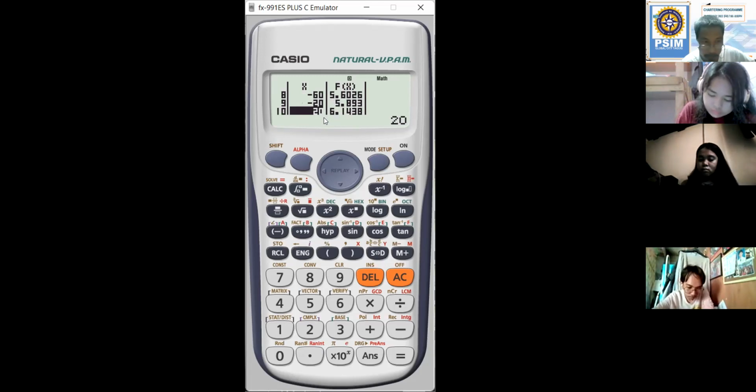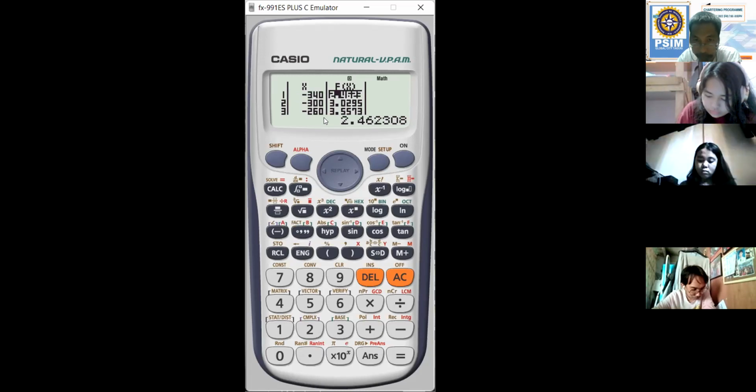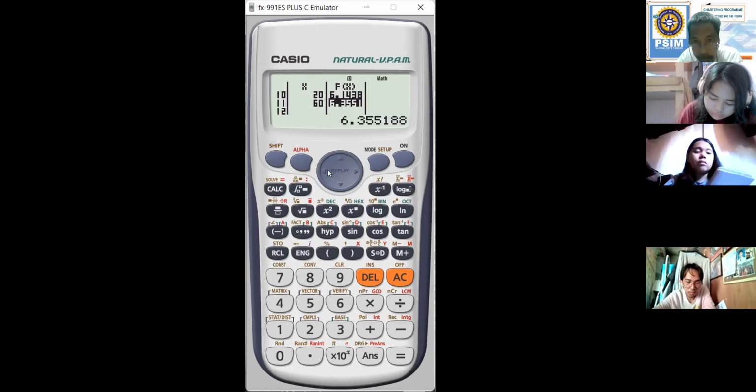Also, there is no value for 80. Maybe I will do the same thing using a step of 40, and then we can get all the actual predicted values of the calculator. So let us do it again. Let us move it back. We cannot move back. Why can we not move back?